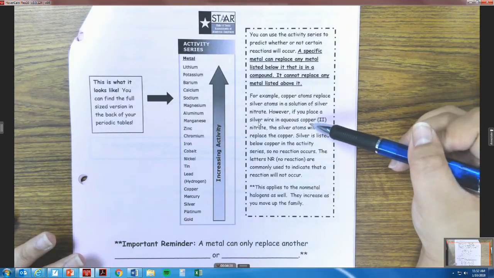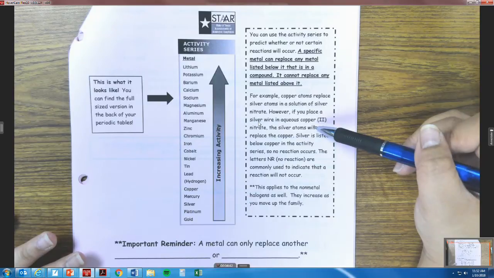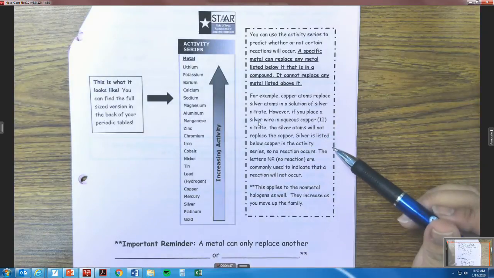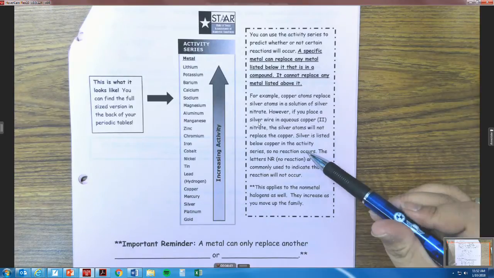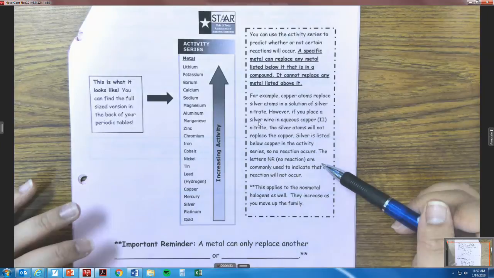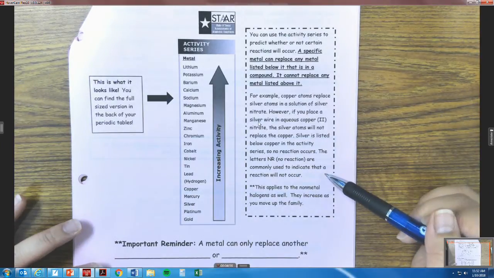However, if you place a silver wire in aqueous copper(II) nitrate, the silver atoms will not replace the copper. Silver is listed below copper in the activity series, so no reaction is going to take place. The letters NR, or no reaction, are commonly used to indicate that a reaction has not occurred.